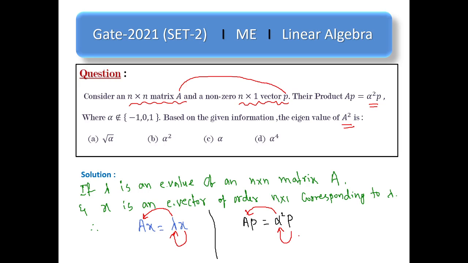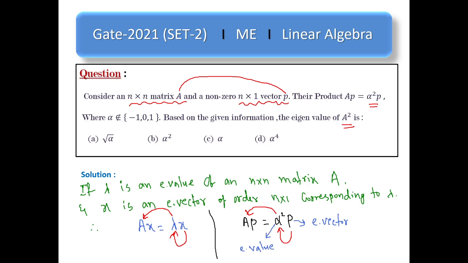So here I can write, P is an eigenvector, and alpha square is the eigenvalue.